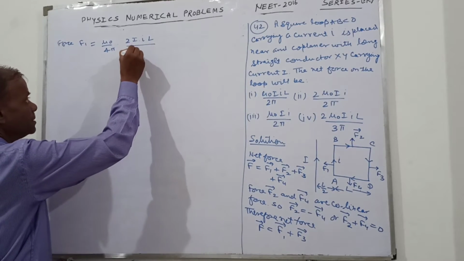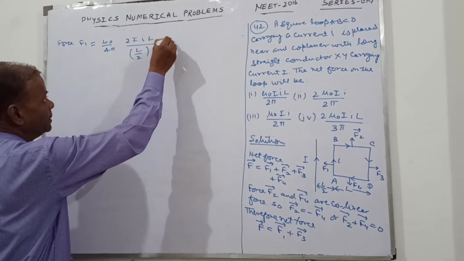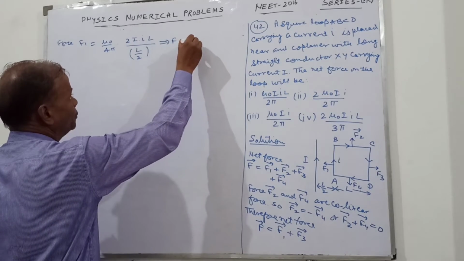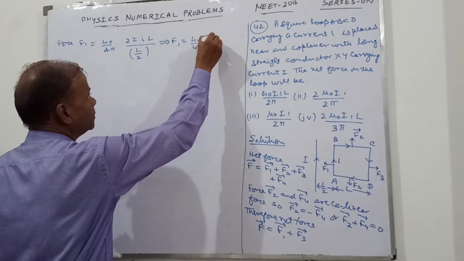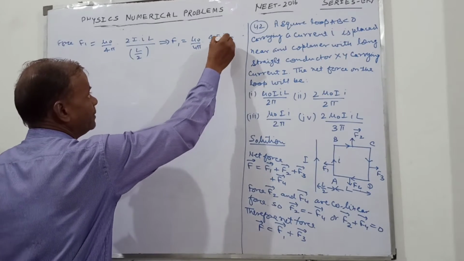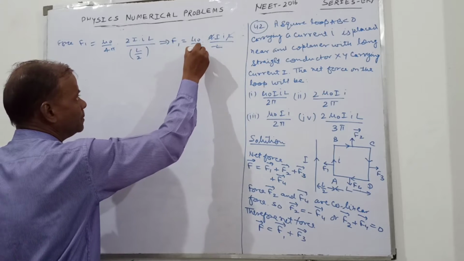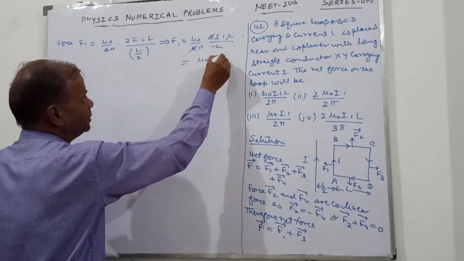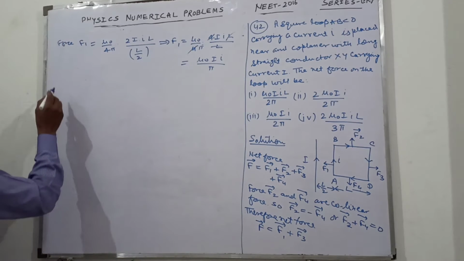So F1 is equal to mu naught upon 4 pi into 4 I into L upon L. So this L will cancel and 4 will also cancel. So we are left with mu naught I into I upon pi.